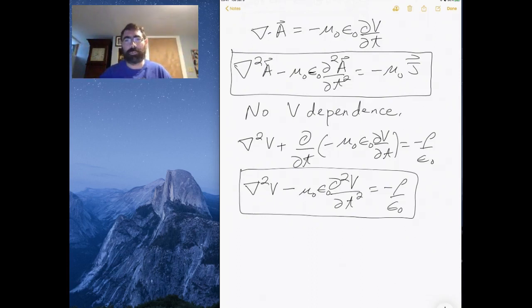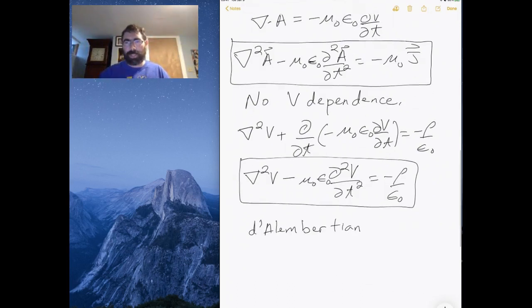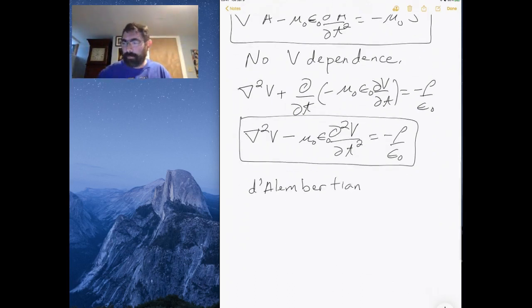And so what I can do is simplify it a little bit more, and basically hide a bunch of stuff, if I introduce what's called the D'Alembertian, which is kind of like another version of the Laplacian. It's now a square.